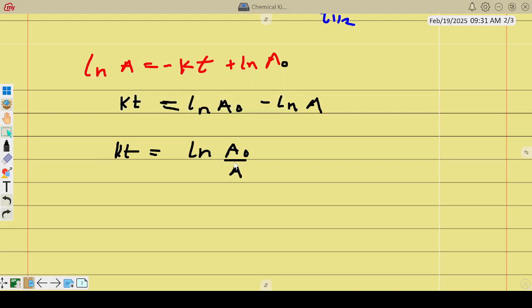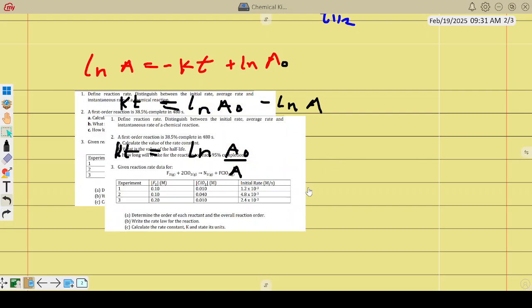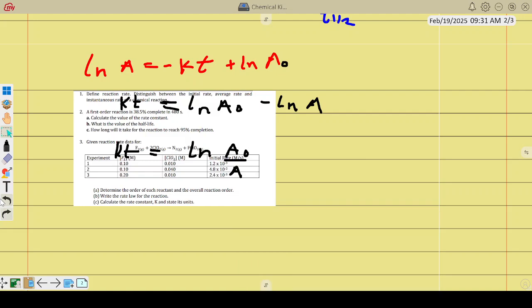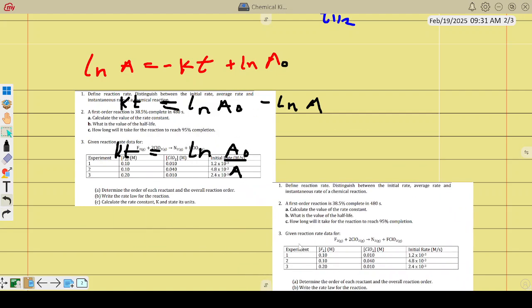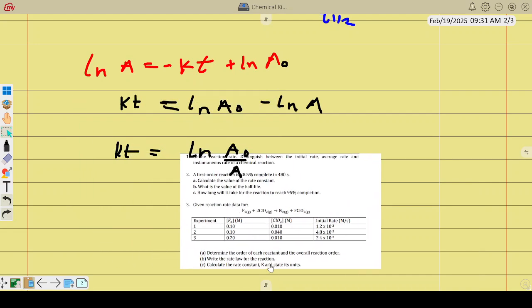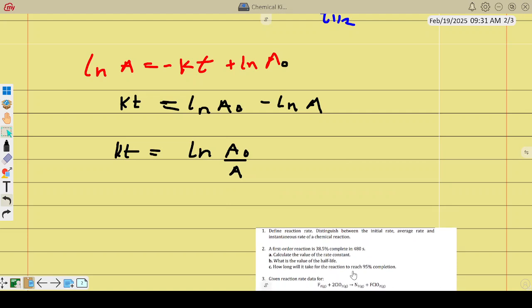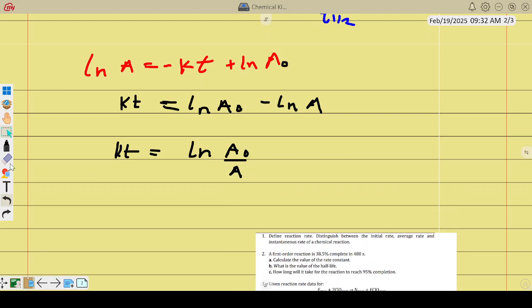So here we have been told that it's 38.5% complete, and the time is 480 seconds. So this 38.5 is what is going to help us here.